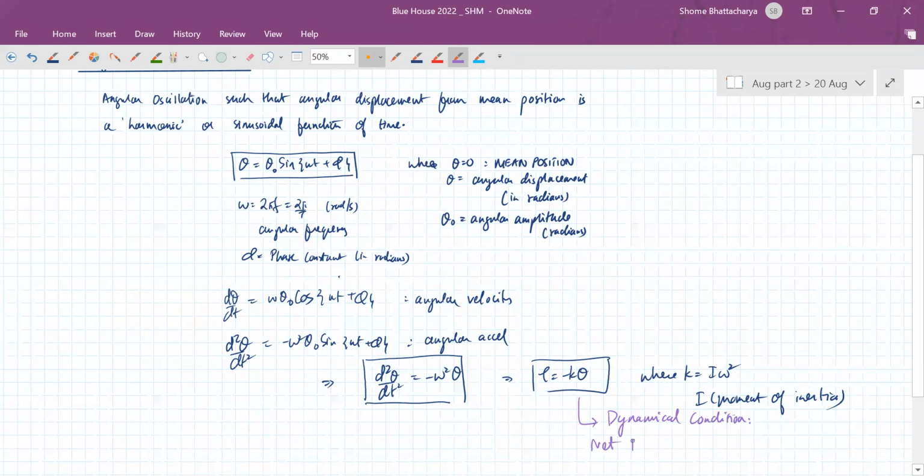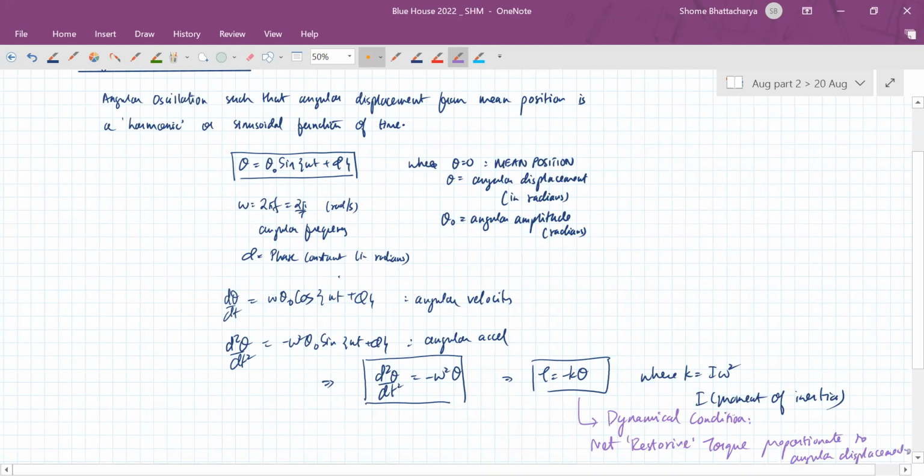There is a net restorative torque which is proportional to angular displacement. So once again, this is part of what we have discussed in the last lecture.